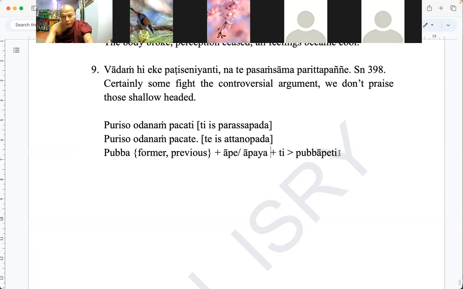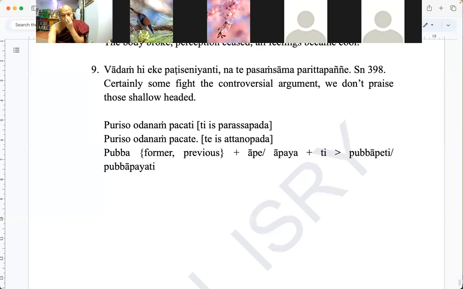So at that time we have another form. From pubbaya, we take just pubbaya and then the mana.